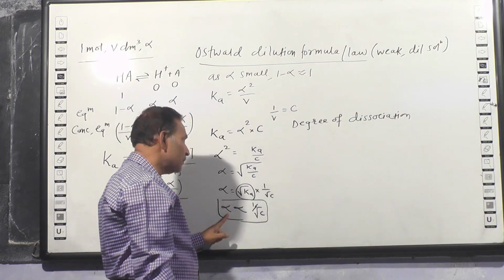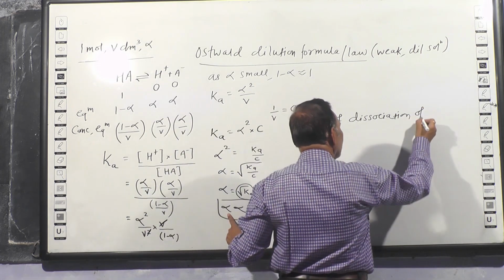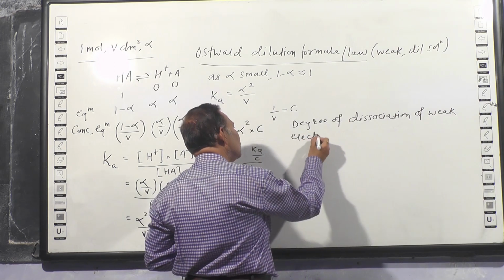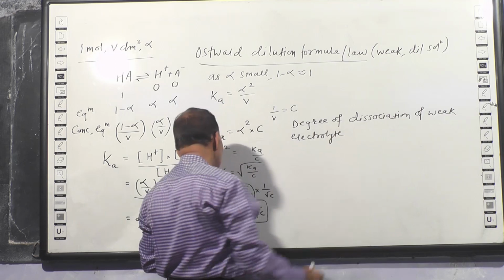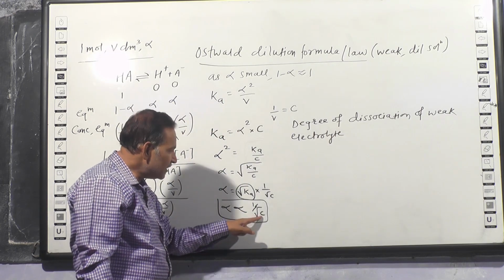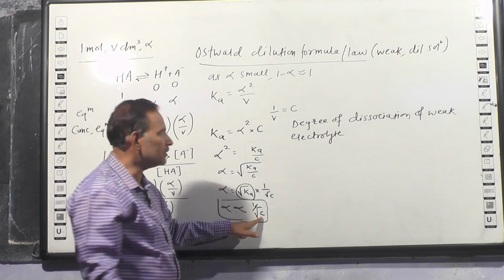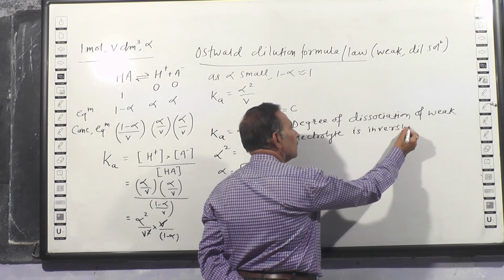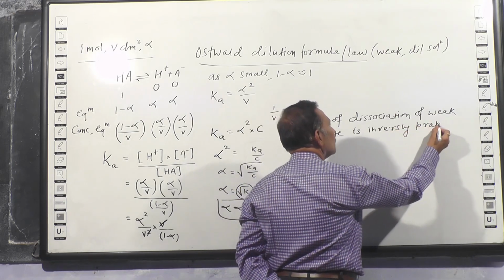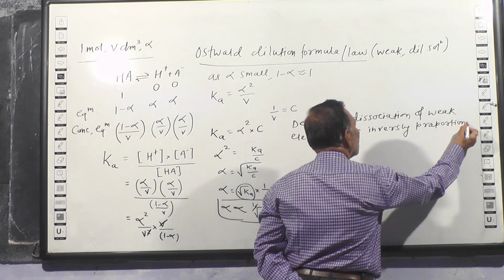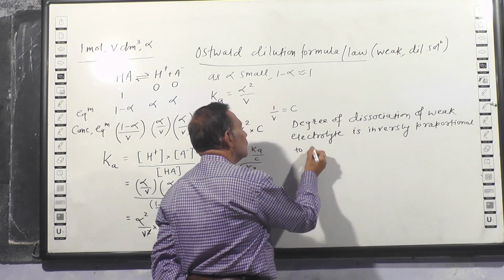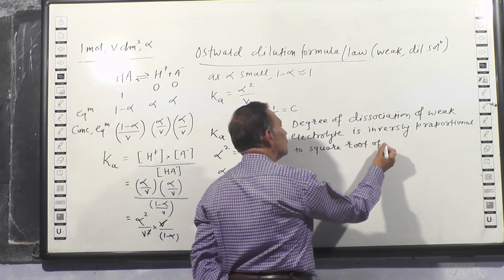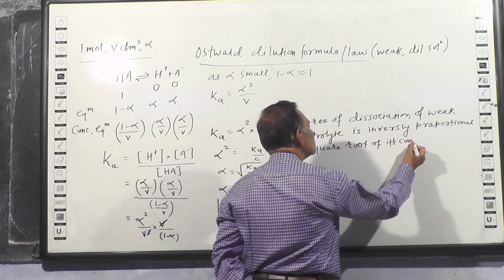So the degree of dissociation of a weak electrolyte is inversely proportional to the square root of its concentration.